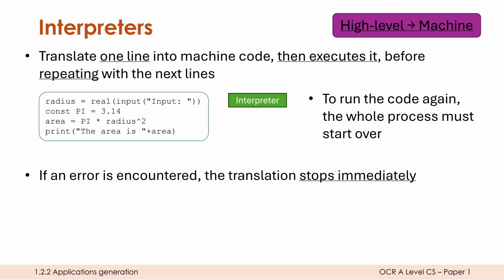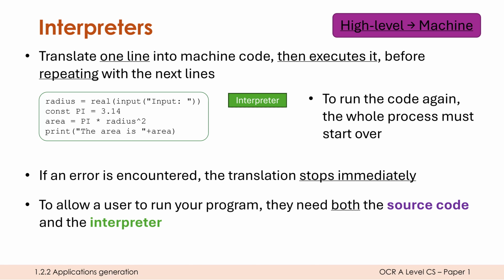If we did encounter an error in this process, then the translation would stop immediately because it would try and run it and then have an issue and have to stop. And another important property of an interpreter is if we want a user to run our program using an interpreter, they need both the source code and the interpreter to make this work. So if I wanted to give my lovely program to a user, I've got to send them both my code and also the interpreter for them to be able to run it.